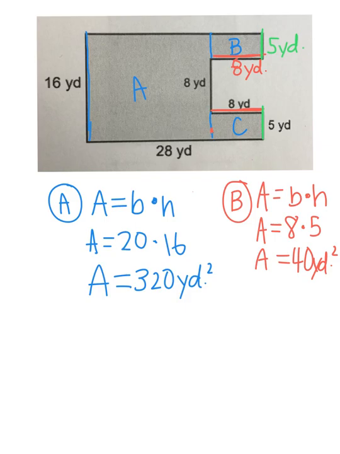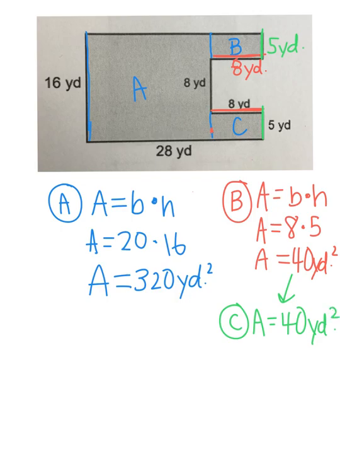Now since B and C have the same base and height, we know that shape C is going to have the same area that shape B had. So area equals 40 yards squared for shape C as well.